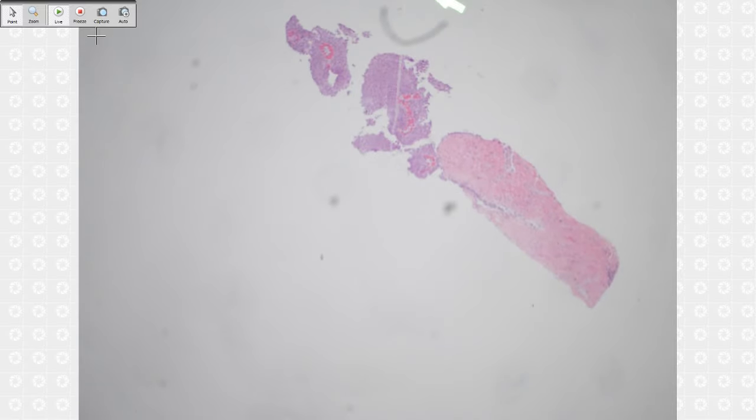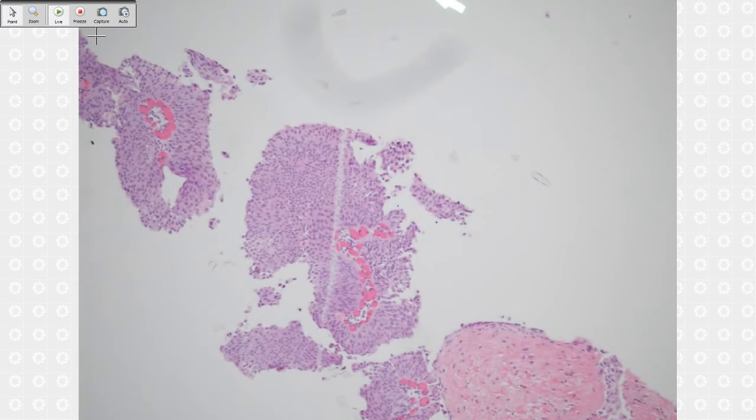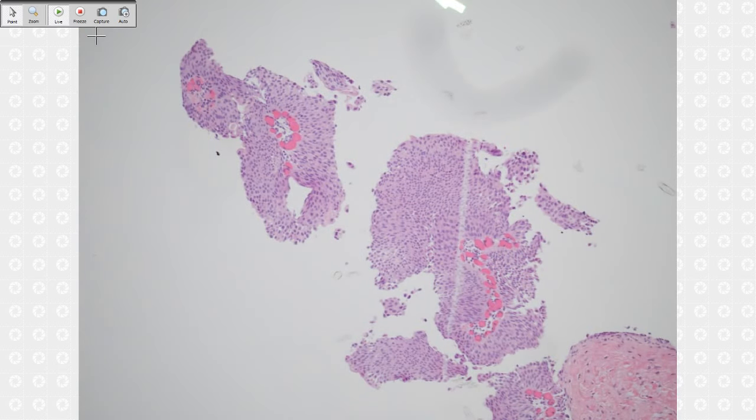Then next one is a 72-year-old male, bladder biopsy again. Let's see this one. Usually a bladder biopsy gives a small piece of tissue, probably because the bladder mass is very small or difficult to sample. Compare this one with the last one. This one does not look as delicate.